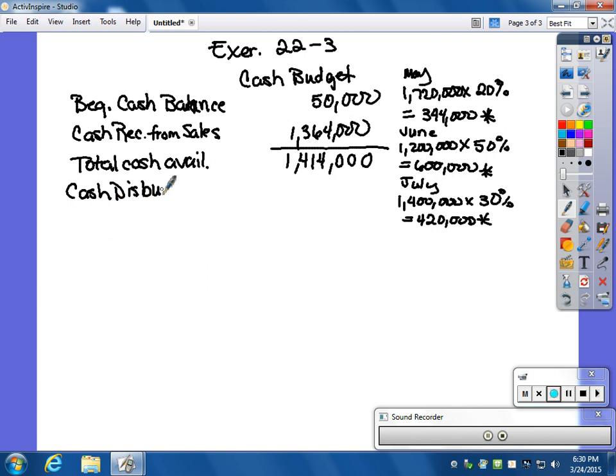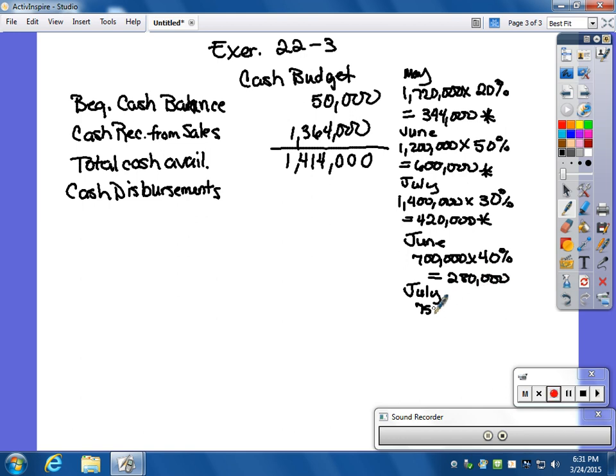So cash disbursements are going to be based on what? It says payment on merchandise purchases, 60% in the month of purchase and 40% in the month following the purchase. Purchase amounts are June actual 700,000 and July budget 750,000. So June is 700,000 times 40%, which equals 280,000.